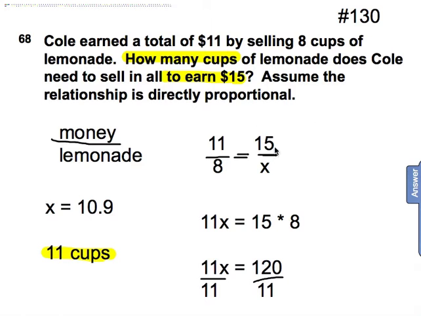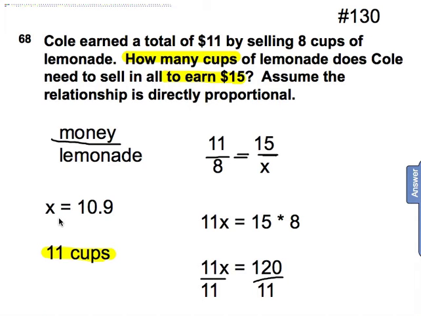Money's going to go on the top, lemonade on the bottom. We have $11 for 8 cups of lemonade and $15 for we're not sure how many cups. We solve by doing cross products and end up with 11x equals 120. When we divide, we get x equals 10.9.